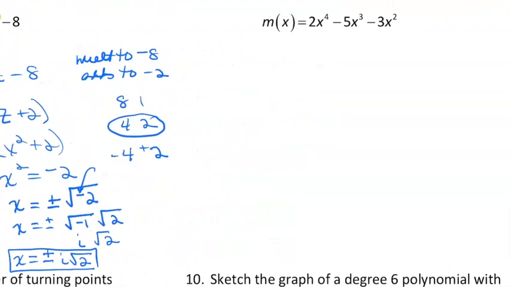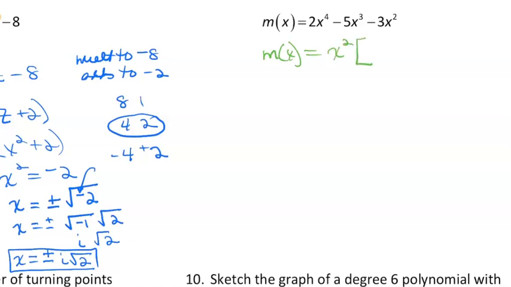Number 8 says to find the zeros of m by factoring. So they told me how I'm supposed to do it, so let's get rolling on it. The first thing I'm noticing is that I'm going to do greatest common factoring, because I see that each of the terms has an x squared in common. So I'm going to take my function and factor out an x squared.